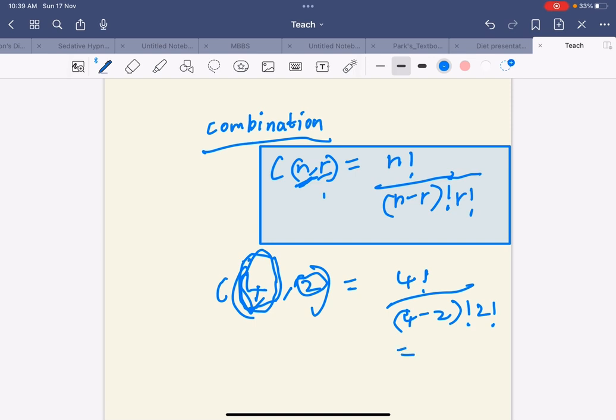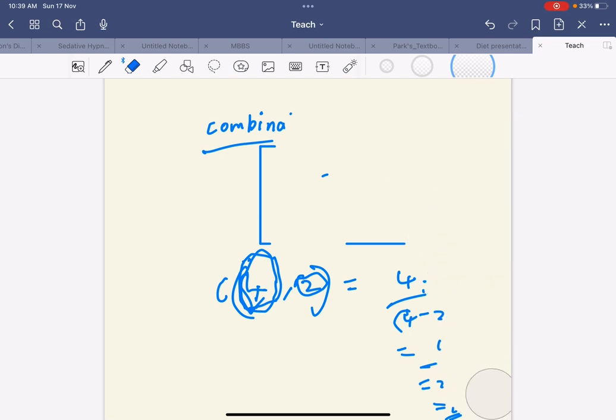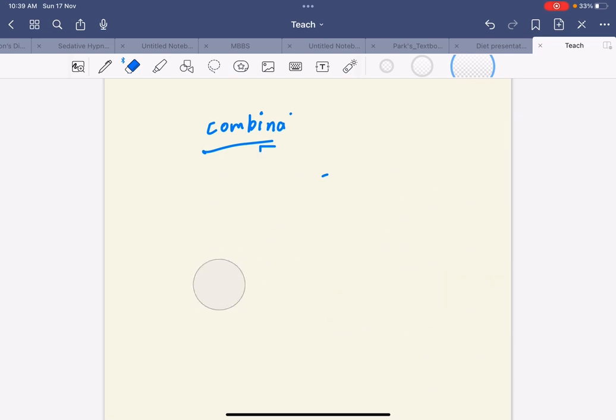Like that you can write 4 factorial divided by 2 factorial times 2 factorial, which is 4 into 3 into 2 into 1 divided by 2 into 2. We get 6. So there are 6 possibilities of combination for this given number. That is an example of doing combinations.